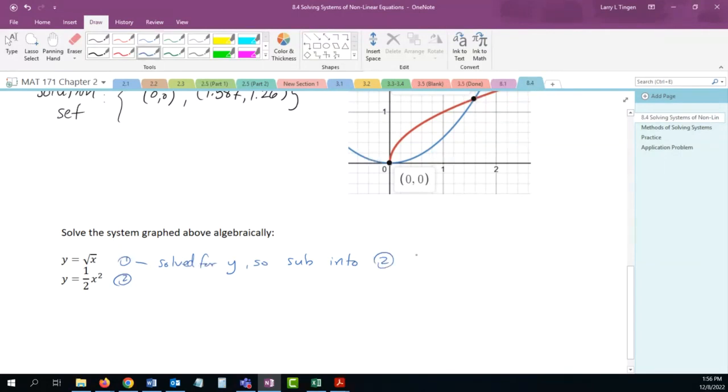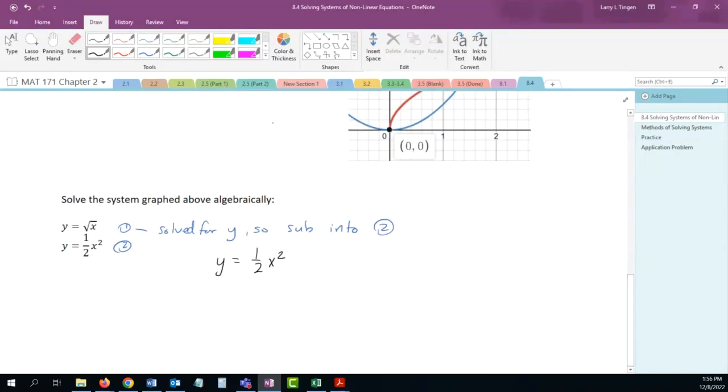Yes, both of them are solved for y, so you could sub equation 2 into equation 1 or equation 1 into equation 2, whichever one you want. So equation 2 states that y is equal to 1/2 x squared. But equation 1 tells me that I can replace y with the square root of x. Is everybody comfortable with that?